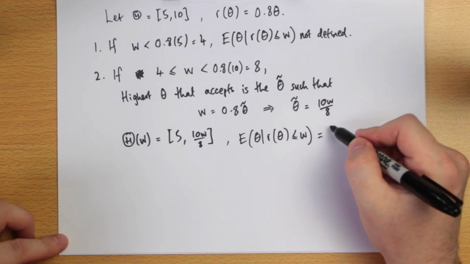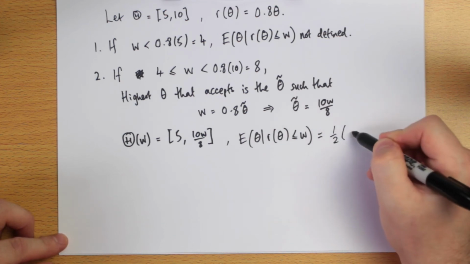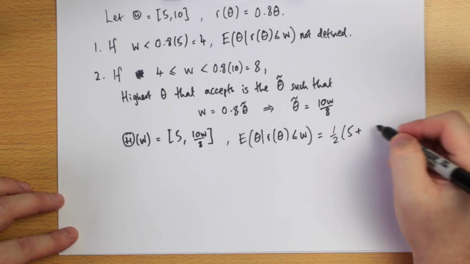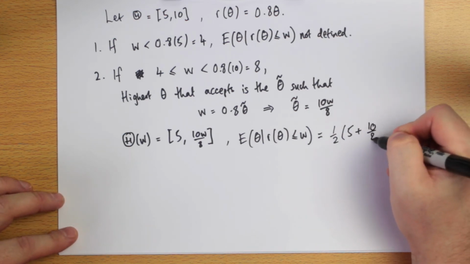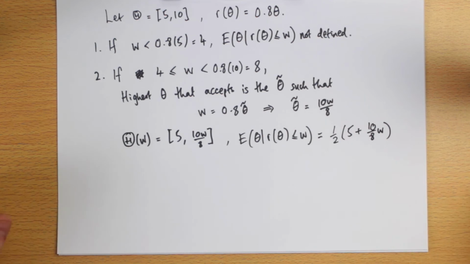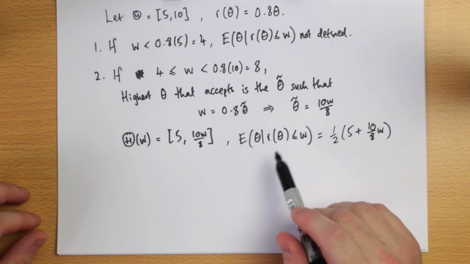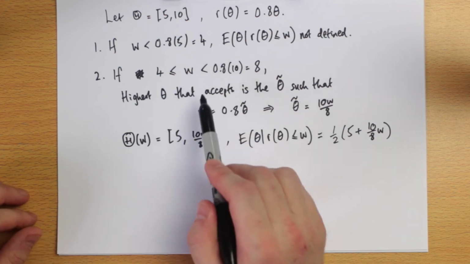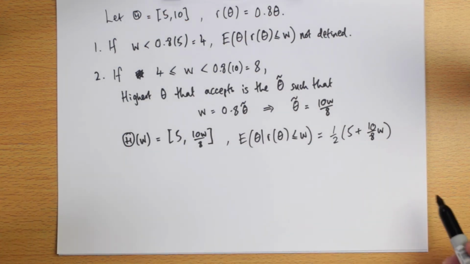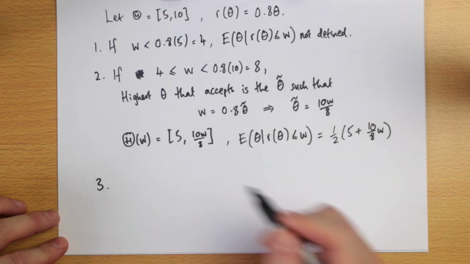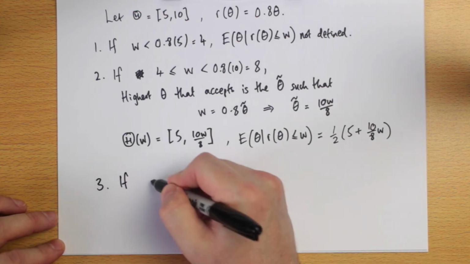So I'm going to look in the middle of it, halfway between 5 and 10 over 8 times W. So there's the expected revenue when the wage is in that interesting interval where some types accept the wage and come to work and some types don't.